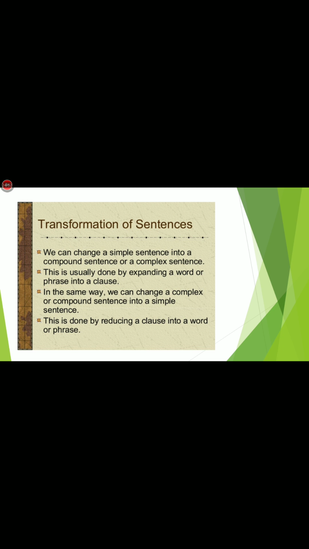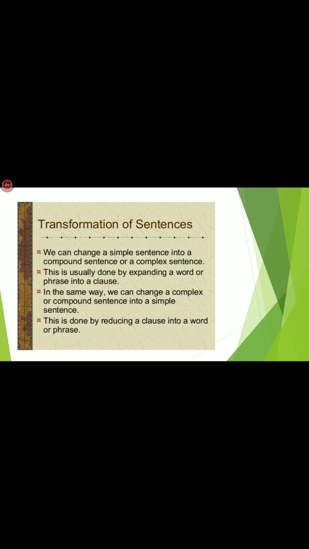In the same way, we can change a complex or a compound sentence into a simple sentence. Here it's just the opposite. In the other one you were expanding. Over here you need to reduce a clause to a word or a phrase. The reason is that a simple sentence is just one independent clause.